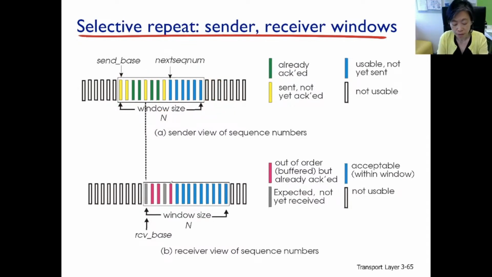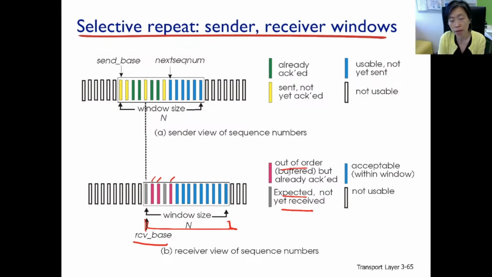And the receiver of selective repeat is, as we talked about, more complicated. It also maintains a certain data structure, tracking the status of these packets. So we also have a window size here at the receiver. The base is now called the receive base. The receive base is always pointing at the first packet expected but not yet received. And there could be a number of these pink packets around.